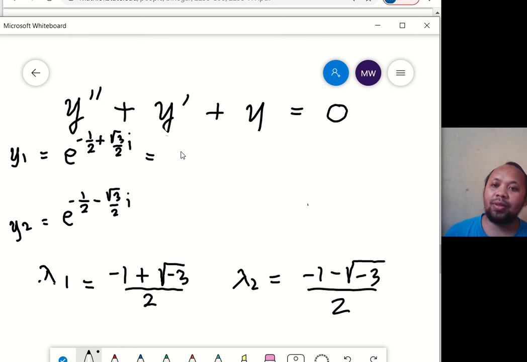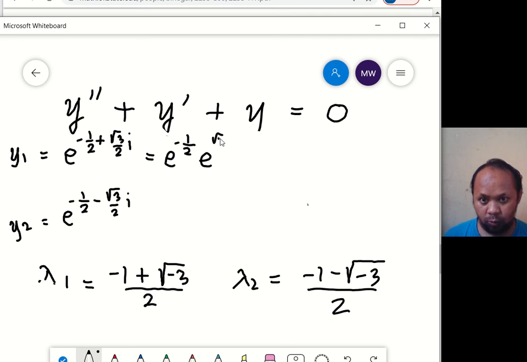Okay, so because we have i here, I can write this to, okay. So we can use the Euler formula to replace this term in here.